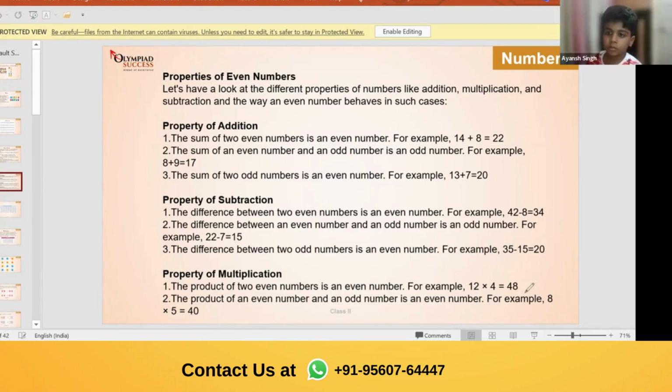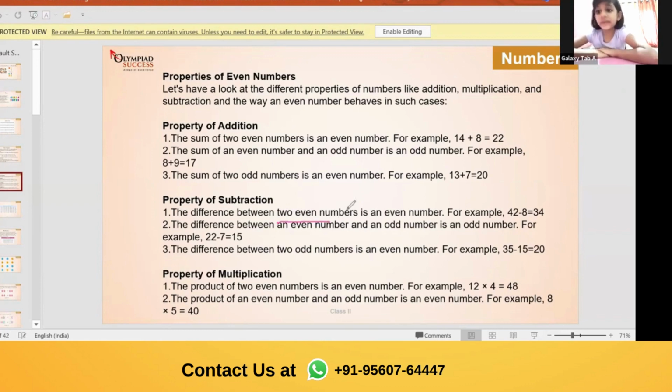Tanush, would you like to read property of subtraction? Okay, Ishanvi, you read property of subtraction. Okay, ma'am. The difference between two even numbers is an even number. For example, 42 minus 8 is equal to 34.